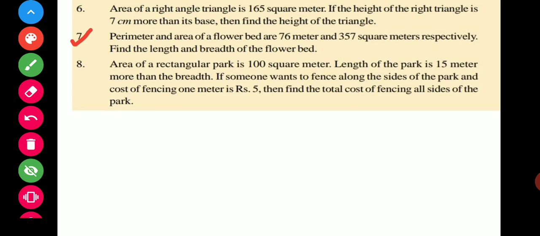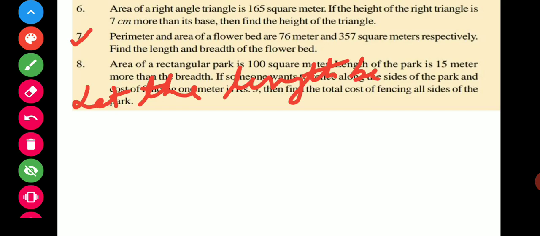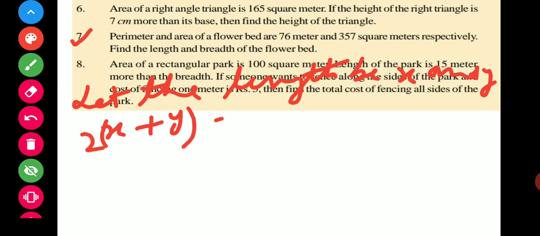So first of all, let the length and breadth be x and y. According to perimeter and area, perimeter is given as 76. So perimeter is x plus y into 2 is equal to 76.